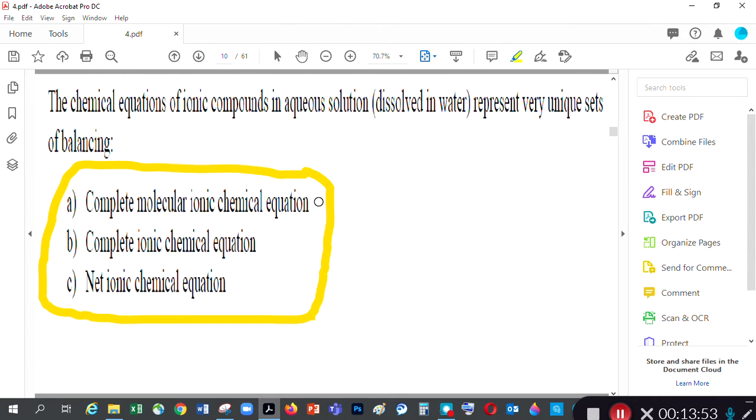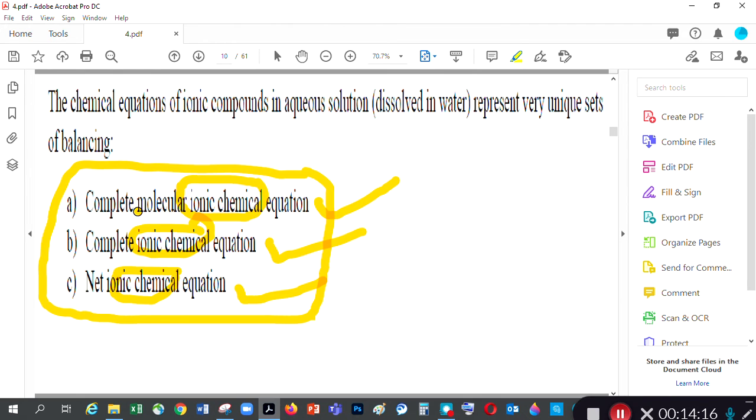The first is called the complete molecular chemical equation. The second is called the complete ionic chemical equation. And the third one is called the net ionic chemical equation.